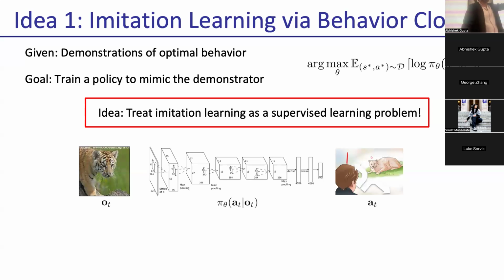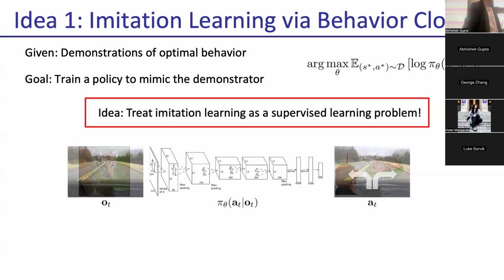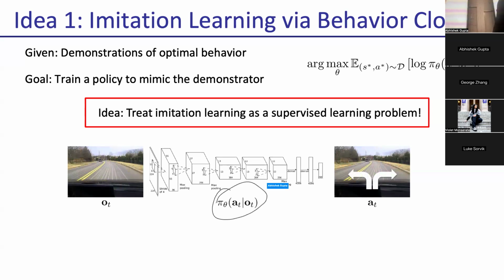Is it a tiger, a cat, a plane, or a dog? In this case, we take in an image and produce: do you go left, right, straight, diagonal, or backwards? You can choose different forms of P theta that lead to slightly different algorithms, but all of them are basically the simplest version of supervised learning in PyTorch, and you can implement behavior cloning. It's very easy.